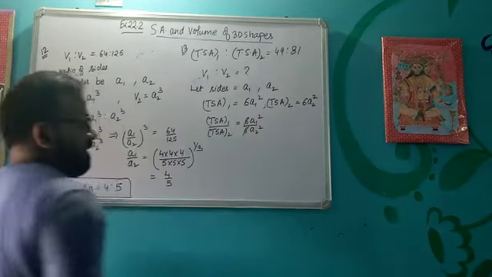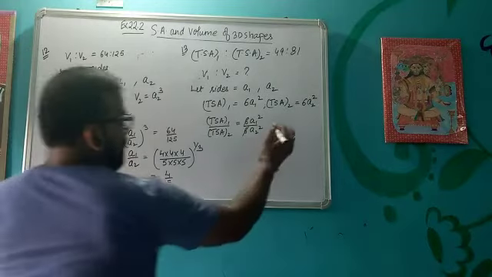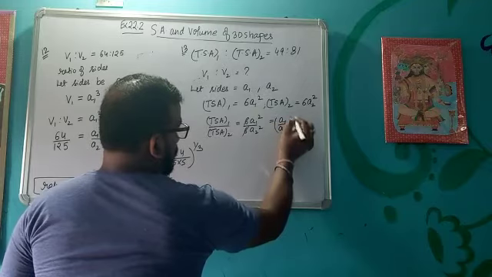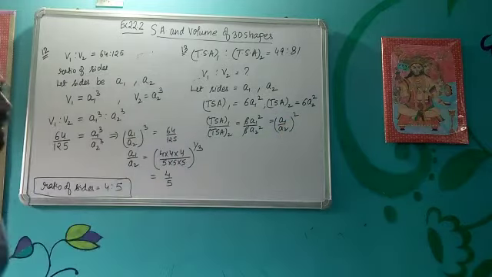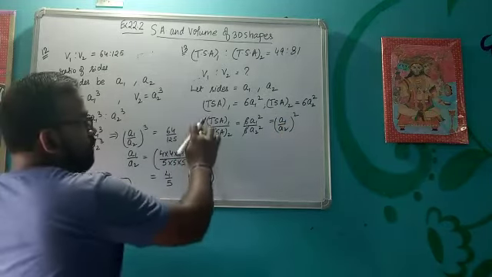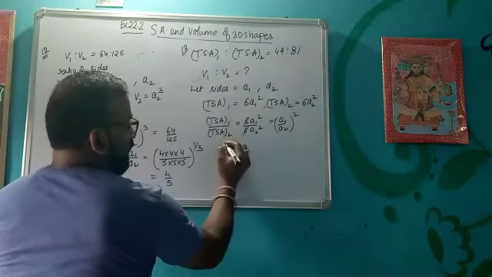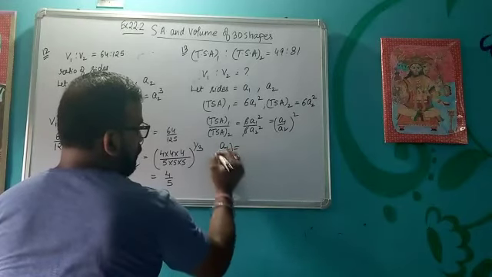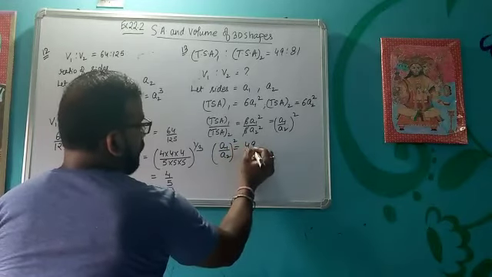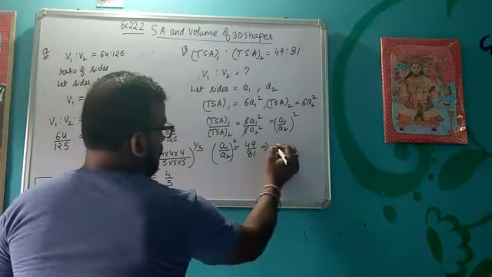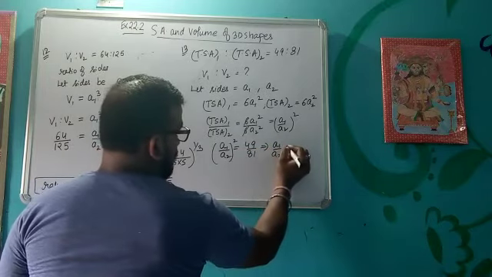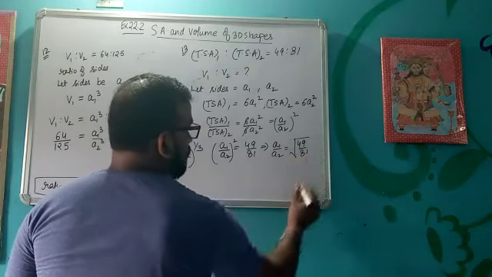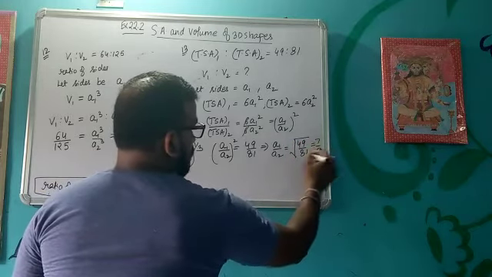So 6 and 6 cancel. We will write it as A1 upon A2 whole square. Okay. Now the ratio of these two is given as 49/81. So we will write A1 upon A2 whole square equal to 49/81. That means for A1 upon A2 we have to take the square root. So that will be 7/9.